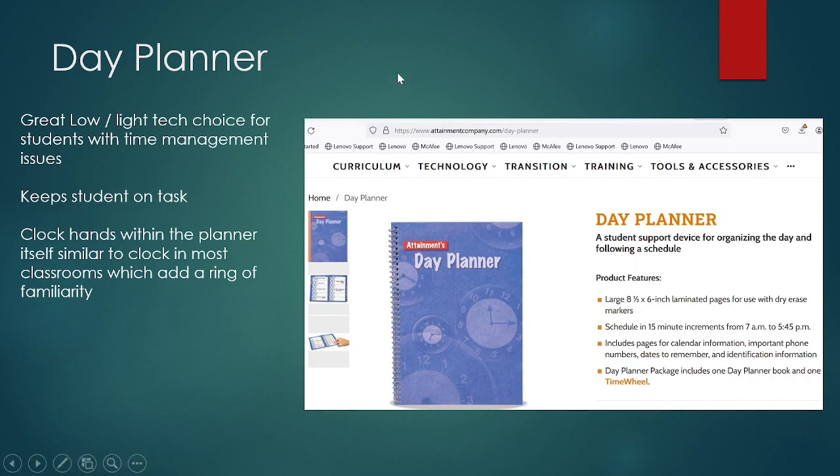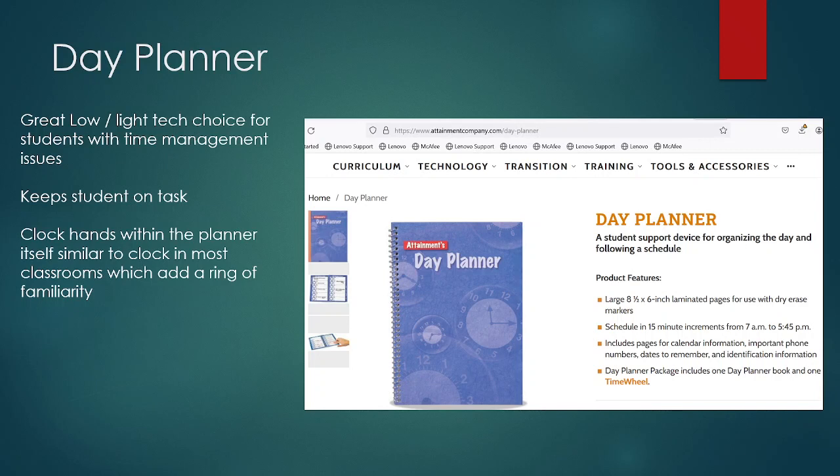So for those that are maybe in the K-12 system, or you want a light tech version, or they just want something that's on a piece of paper, there are physical planners, and there's one exactly made for students. It's a day planner, and it's actually called Day Planner, and it actually uses the hands of a clock.